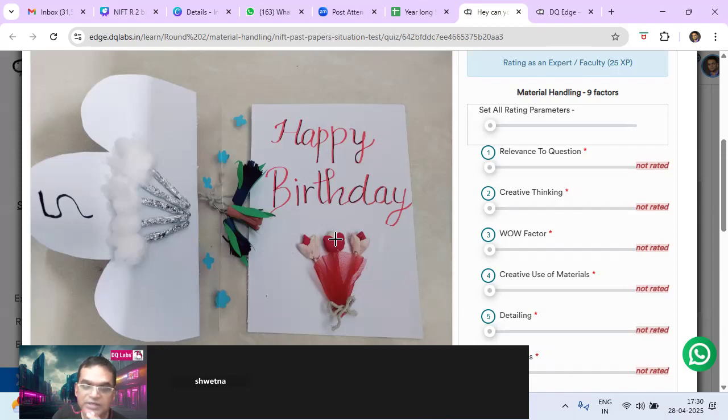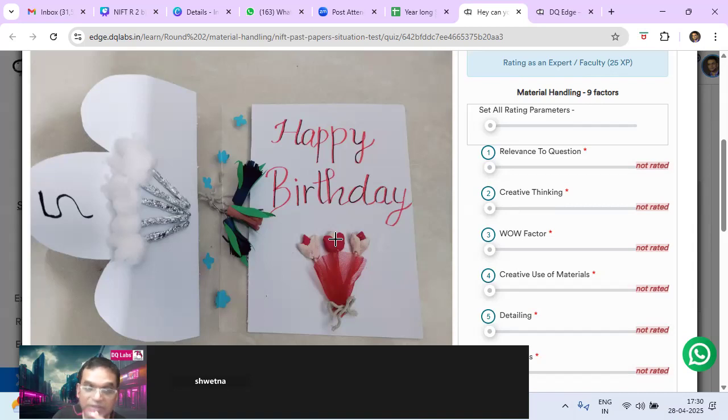She is a NIFT alum, from Gandhinagar, and she has also worked in the industry and has fantastic experience. So please utilize her availability during the classes.